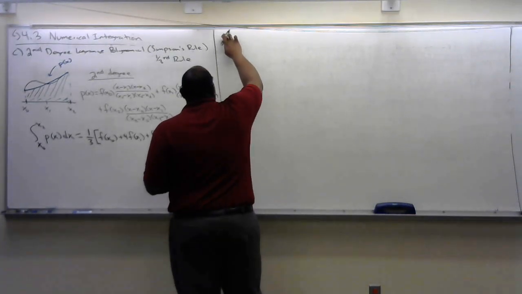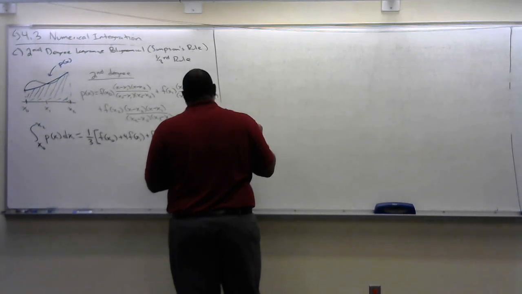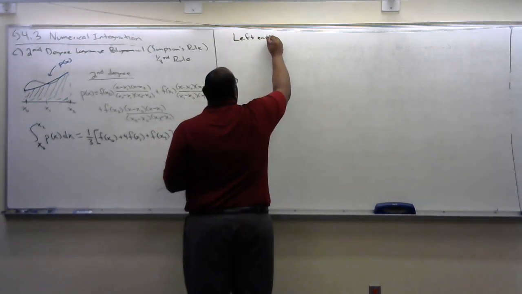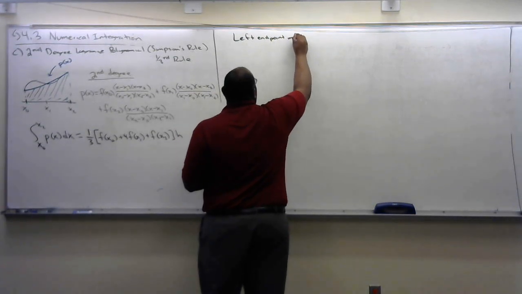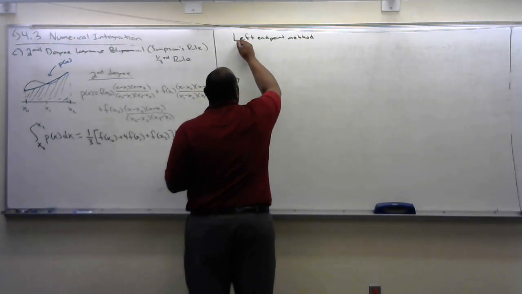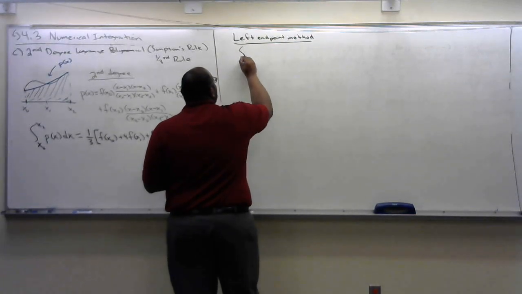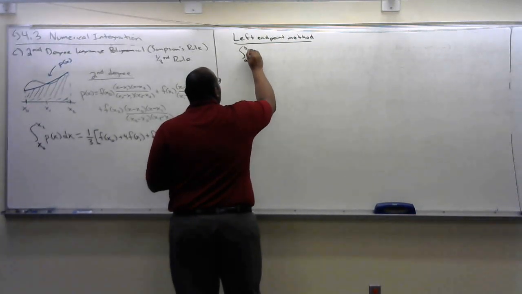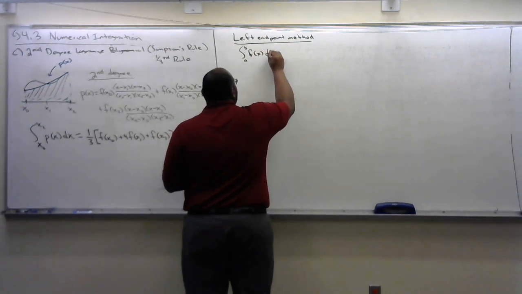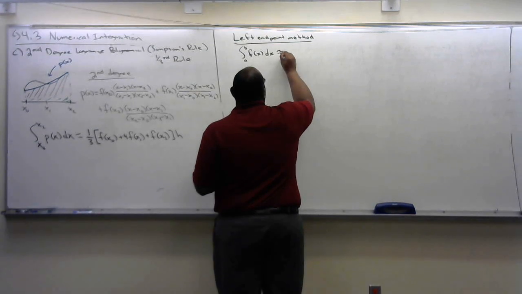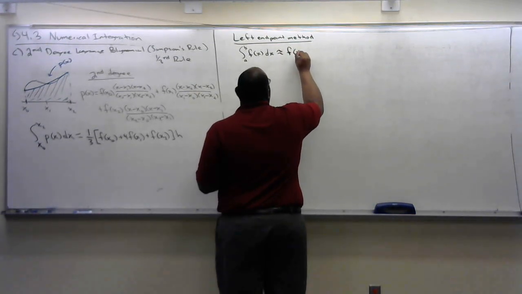So if we do that, I have the left endpoint method. Here I can say that the integral from a to b of f of x dx is approximately equal to f of x naught times h.